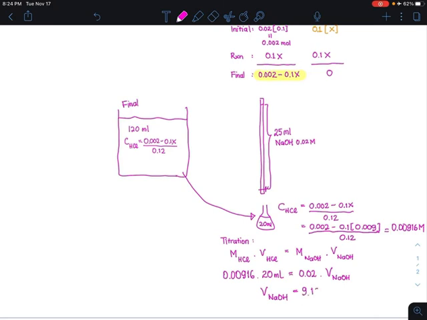Okay, you will need 9.16 milliliter of this sodium hydroxide 0.02 mole per liter when you do the titration. So not too much, not too little.